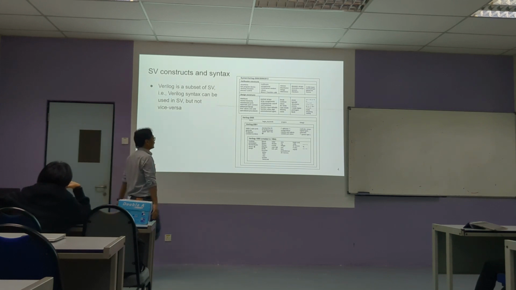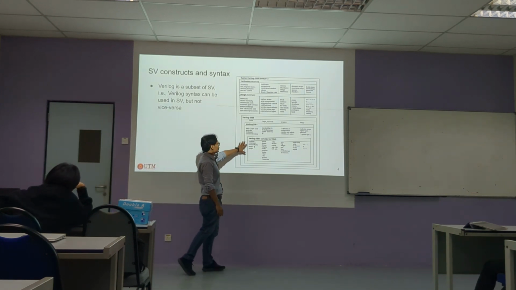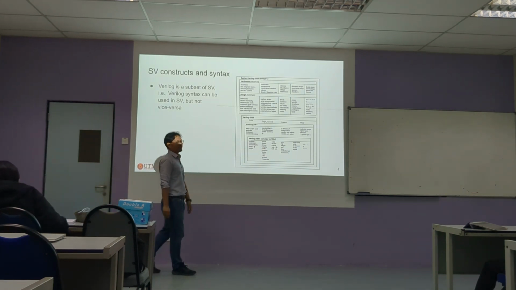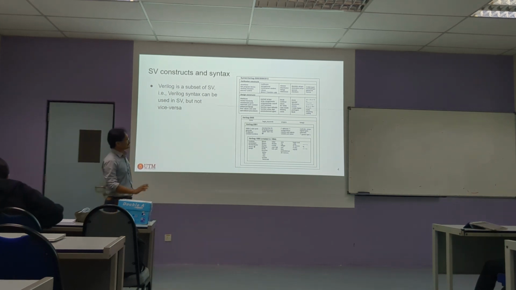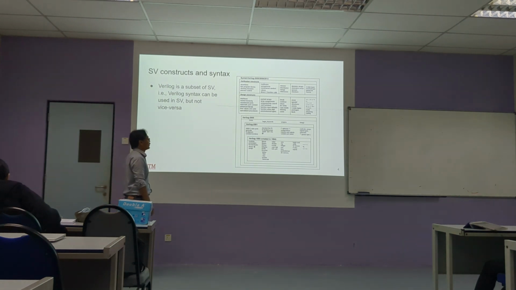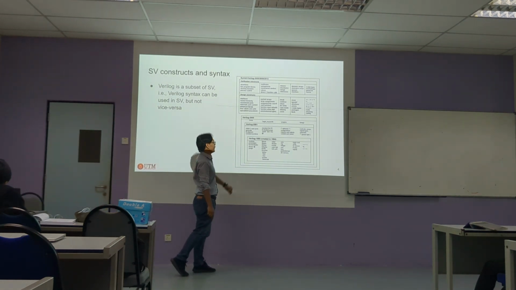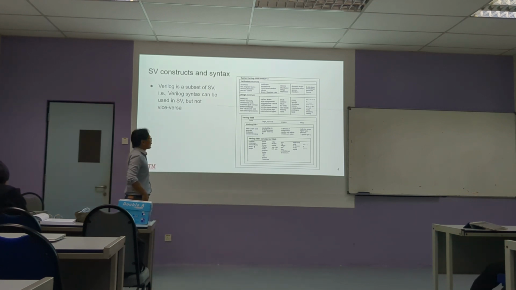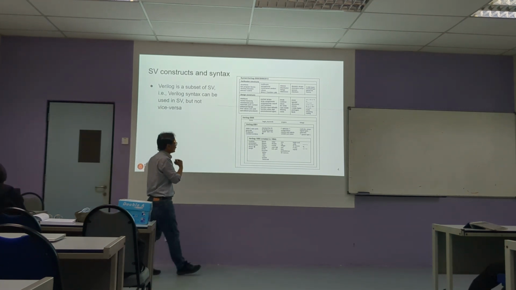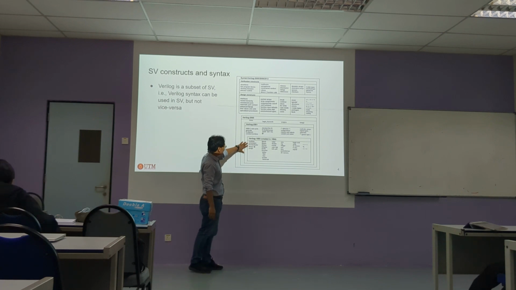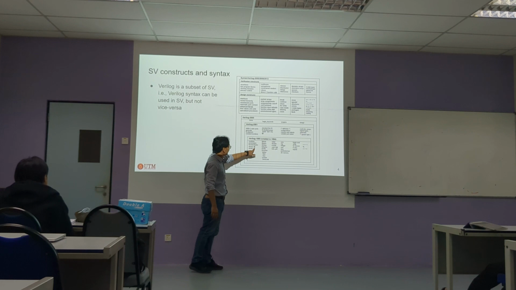Something interesting to know is Verilog was created in 1984. How many years ago is that? 1984, 40 years. They came up with the standard in 1995. In the first Verilog 95 standard, you have module, parameters, function, task, always, and assign.